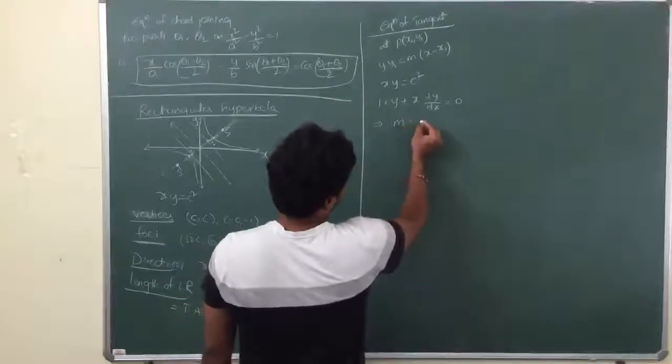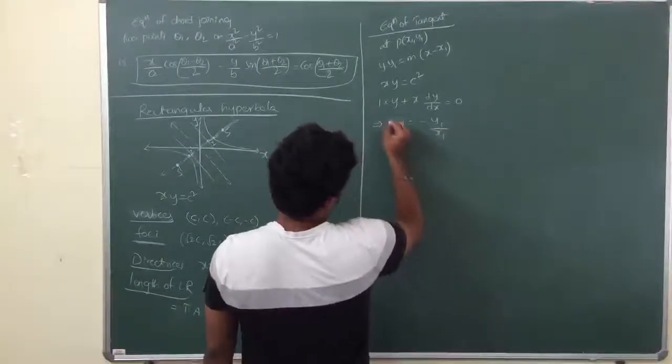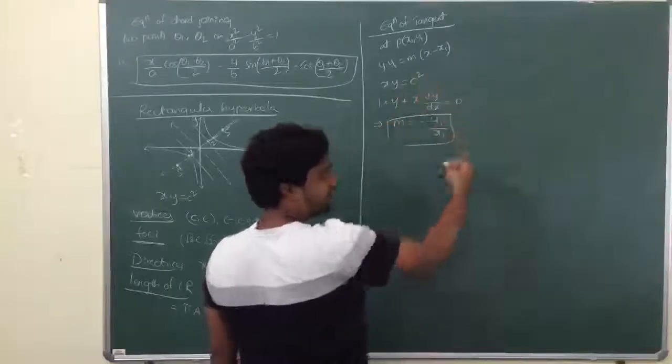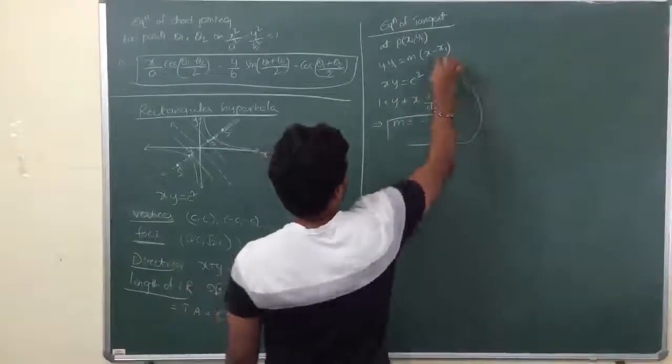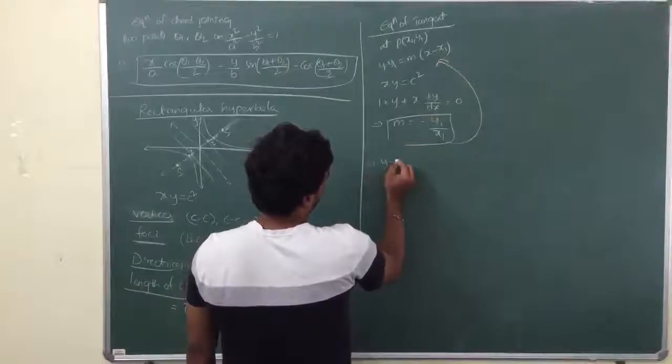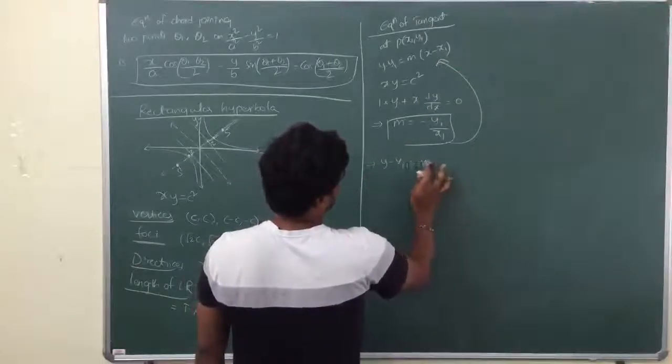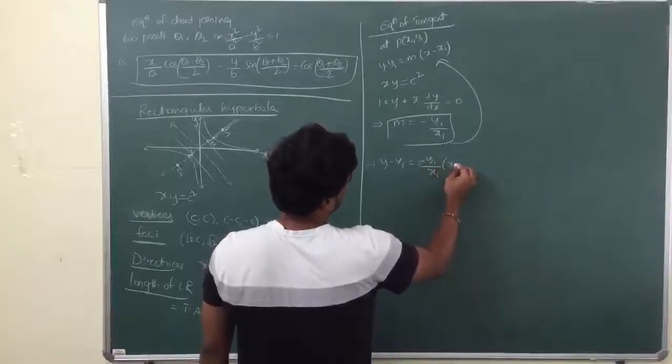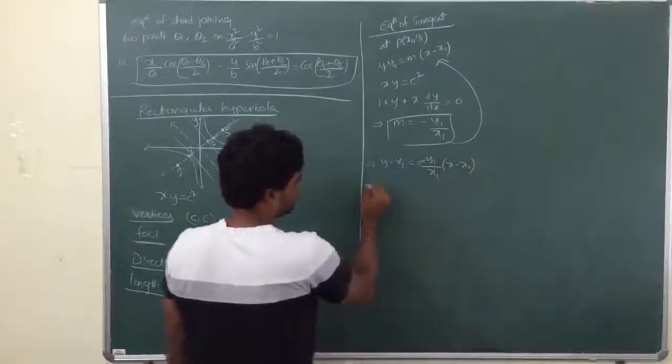So m is equal to minus y by x, so minus y1 by x1. Put that here, we get y minus y1 is equal to minus y1 by x1 into x minus x1.